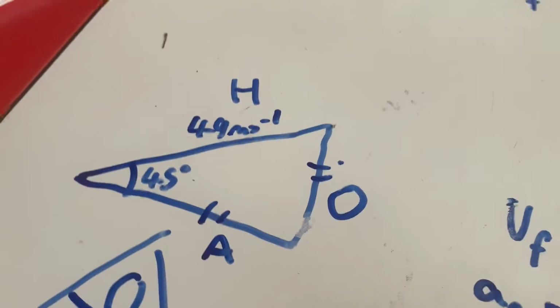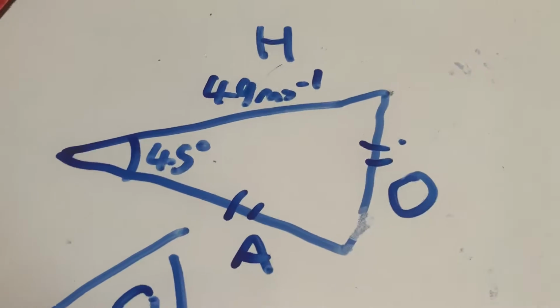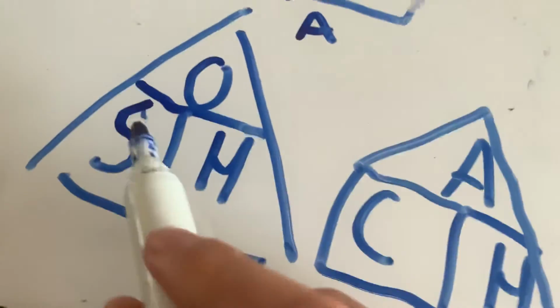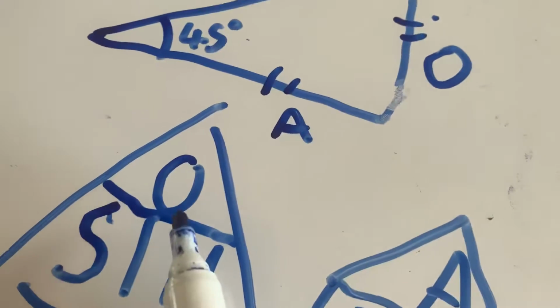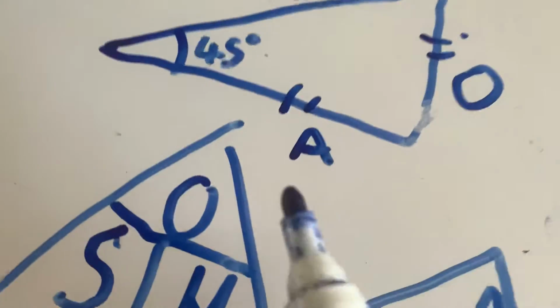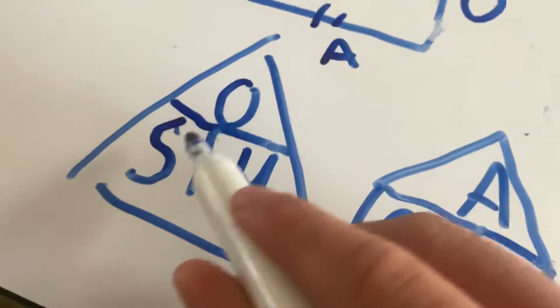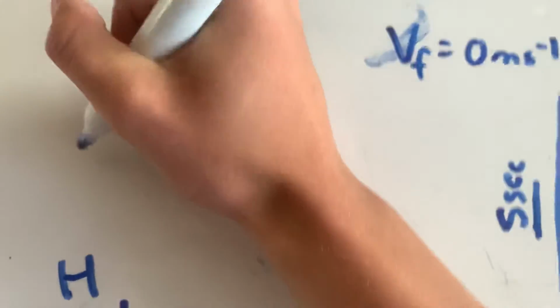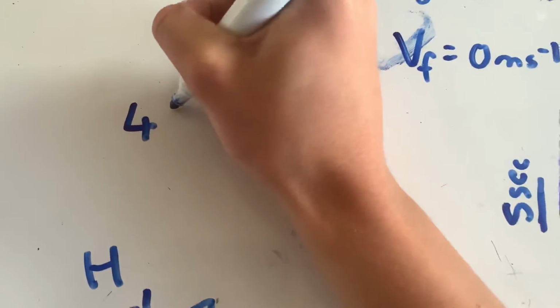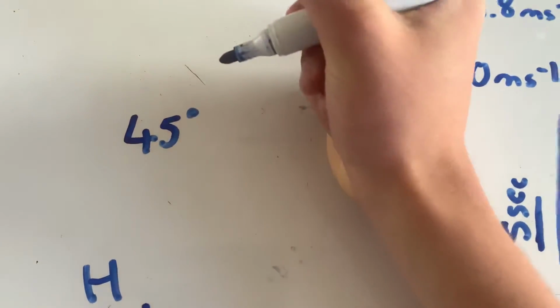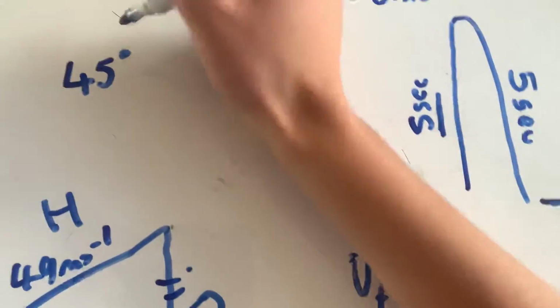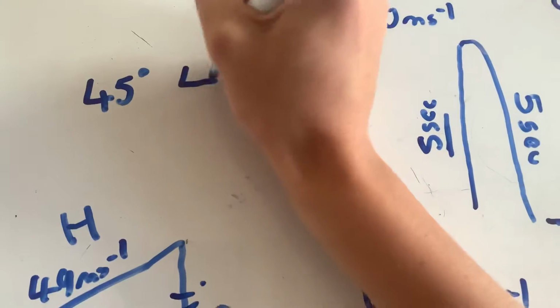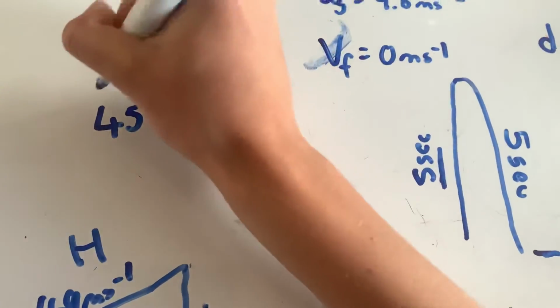So I'll just use sin here. So if we look at the triangle, let's figure out the opposite. So let's go over here and try the triangle. So sin is equal to 45 degrees, and the hypotenuse is equal to 49. So let me draw the triangle here.